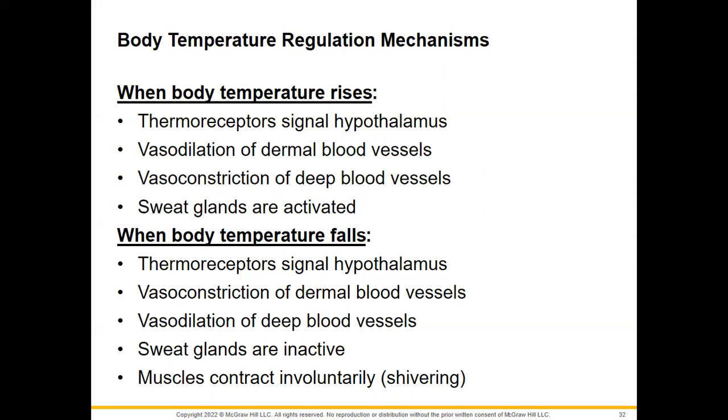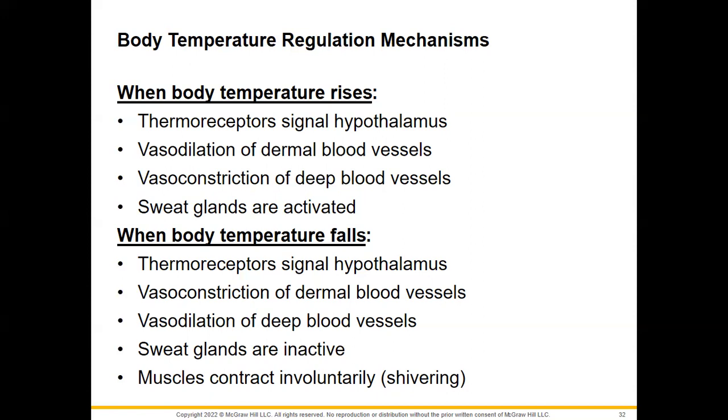If the body temperature falls, if the body gets too cold, the thermal regulators in the hypothalamus are still signaled, but in this case the signal is telling you that it's cold.